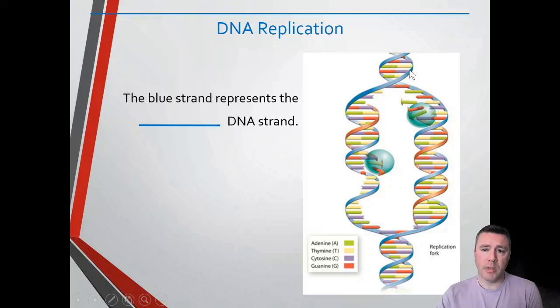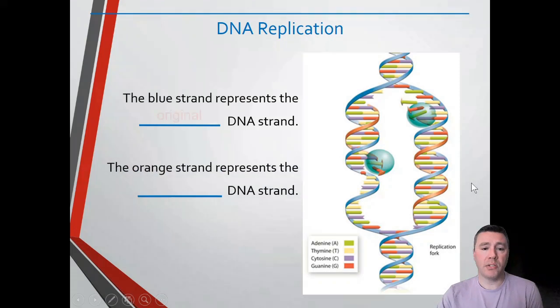I could do the same thing with the other side, and I can see the blue here. It twists around the new strand that's being replicated. The blue strand represents the original DNA. And the orange strand on the inside here, and on the inside here, that represents the new DNA.